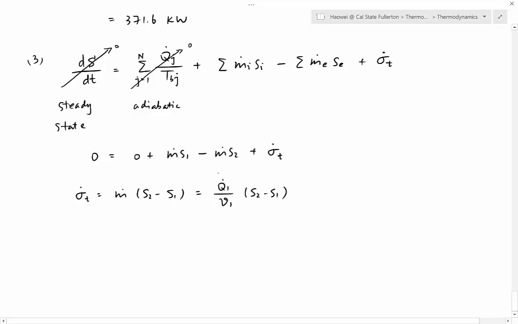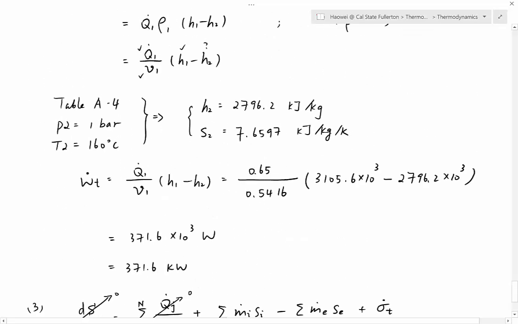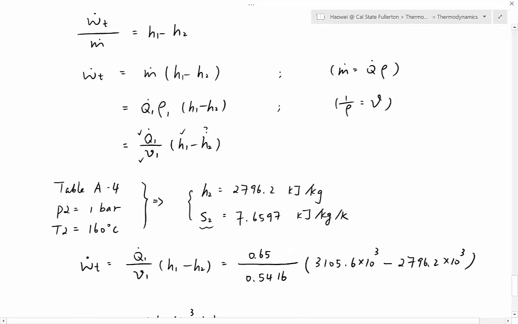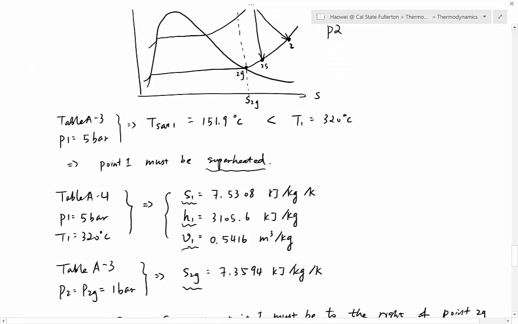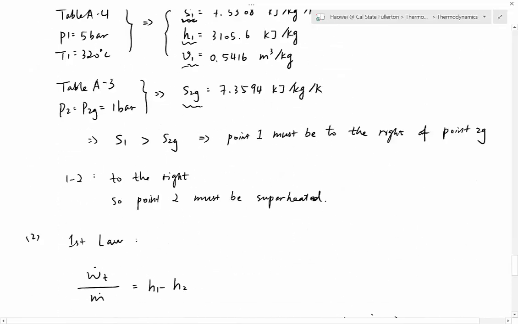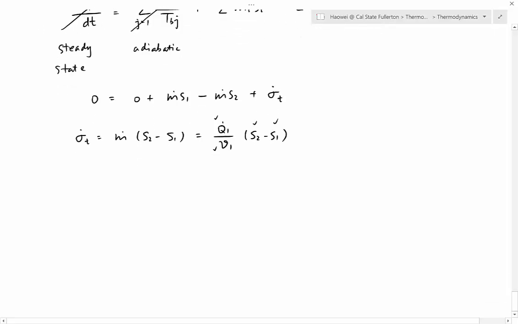Do we have Q dot 1? Yes. Do we have nu 1? Yes. Do we have S2 and S1? Yes. Okay. I have S2 from the table right here, and I have S1 from the table right here. So now I have everything on the right hand side. Let's do plug and chug. Okay, Q dot 1 is 0.65, SI unit.